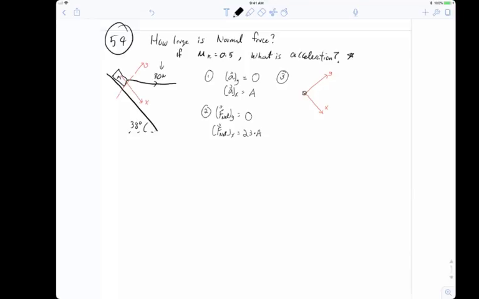So the friction force points in that direction. The normal force points in that direction. Weight points in that direction. And the pulling force goes that way.